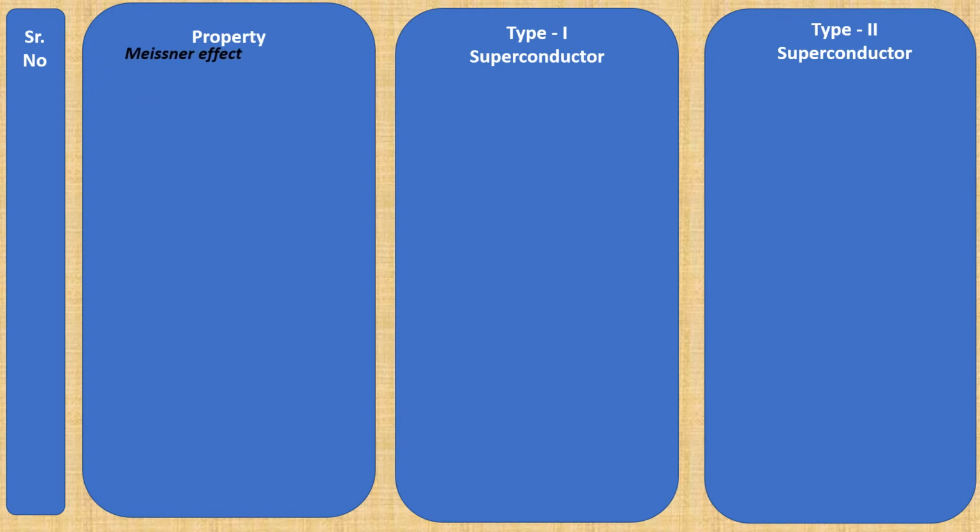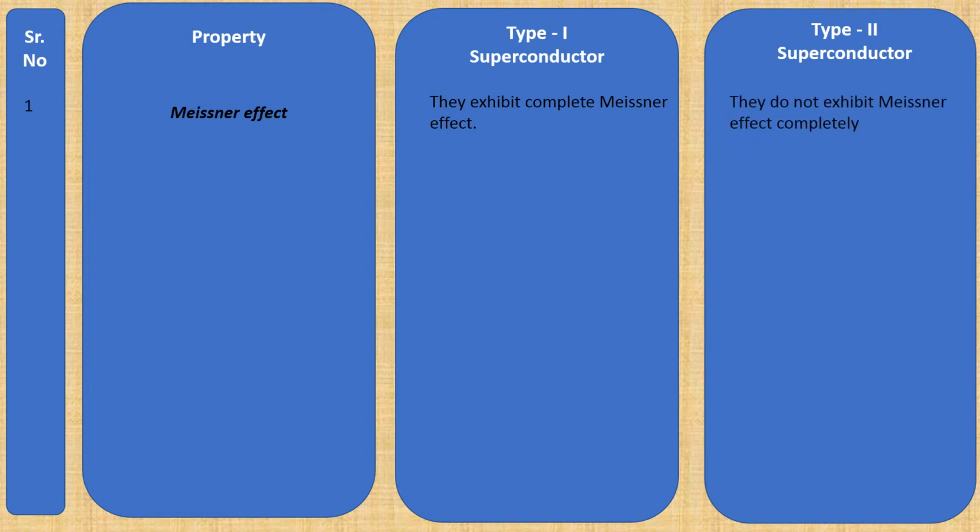So the first property is the Meissner effect. As you already know, when we decrease the temperature of a conductor below the critical temperature, that conductor expels the external magnetic flux lines and becomes a superconductor. A type 1 superconductor exhibits the Meissner effect completely, while a type 2 superconductor does not exhibit it completely.